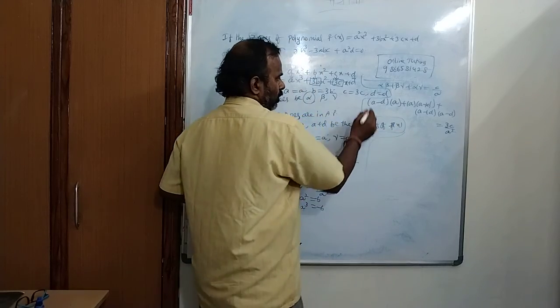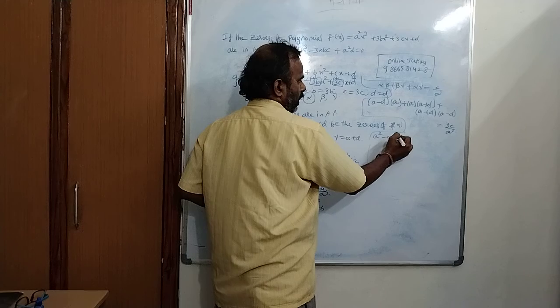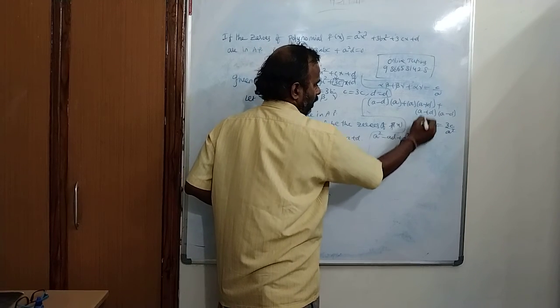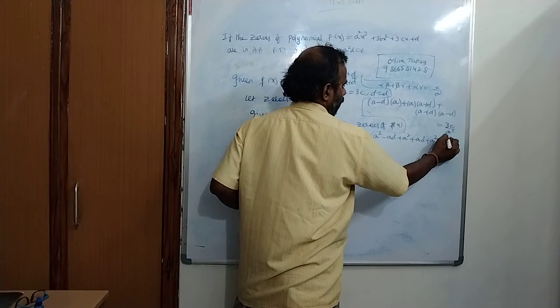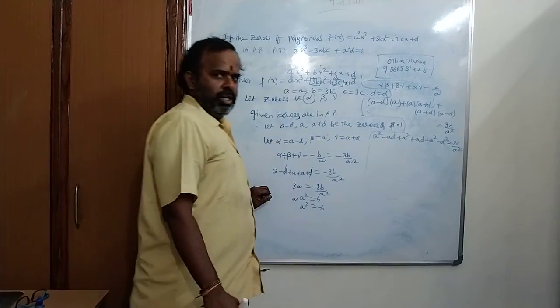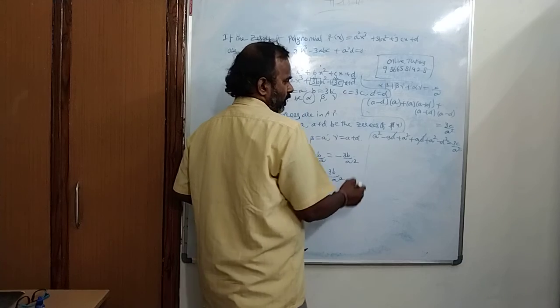So a minus d into a square minus ad plus a into a square plus a into d, ad, a square minus d square is equal to 3c by a square. Minus ad plus ad cancel.